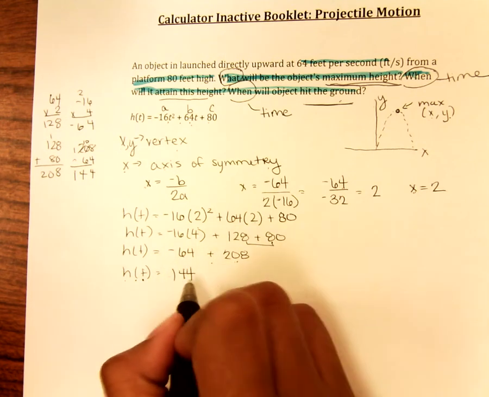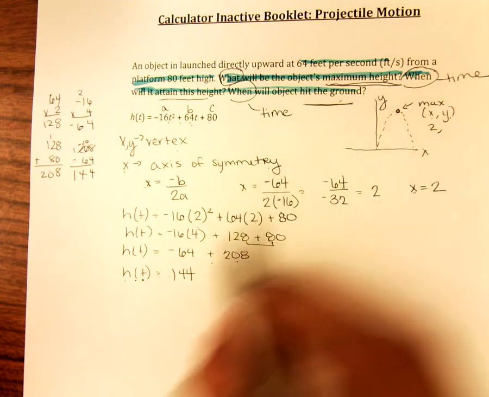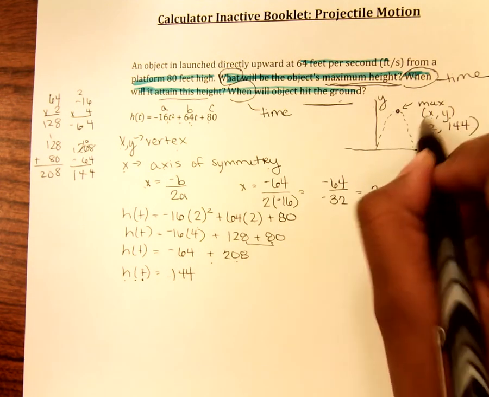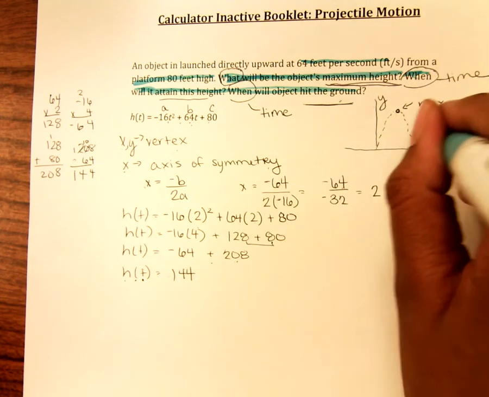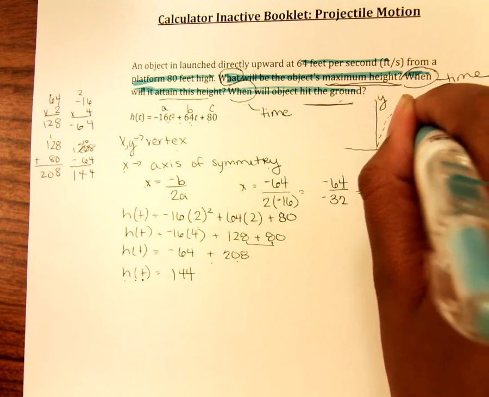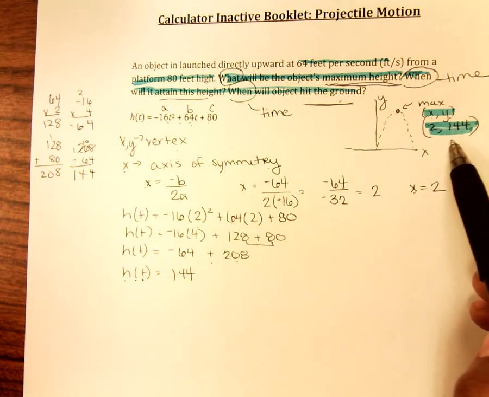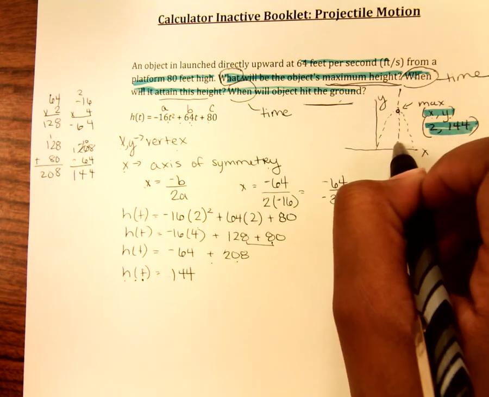So I'm going to put both of these together. I have the X is 2, and my H of T is 144. And I'm going to highlight that. Because what this lets me know is that this is my axis of symmetry.